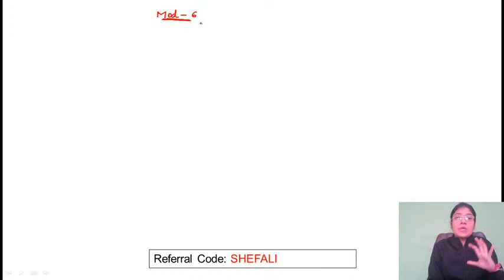Mod 6 means 6 states. What is the possible sequence? The remainder can be 0, 1, 2, 3, 4, 5. After that, it will go back. So 0 to 5 is the sequence.